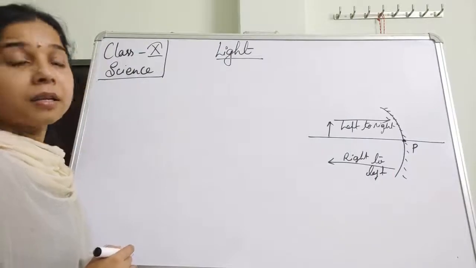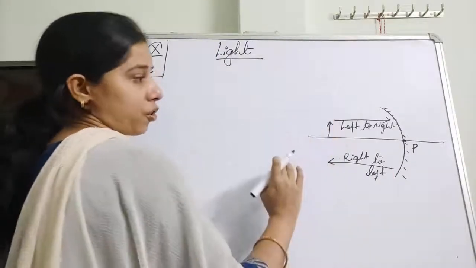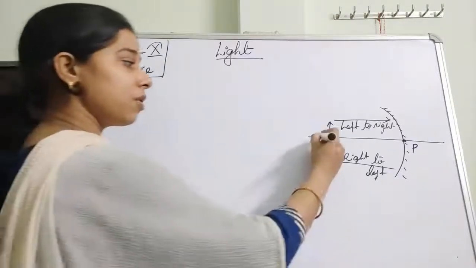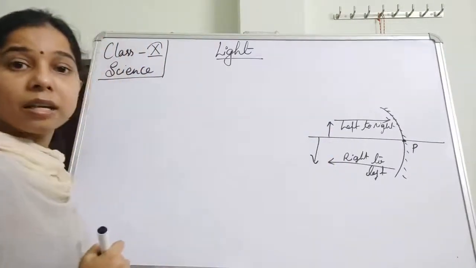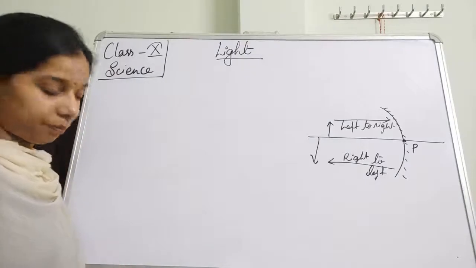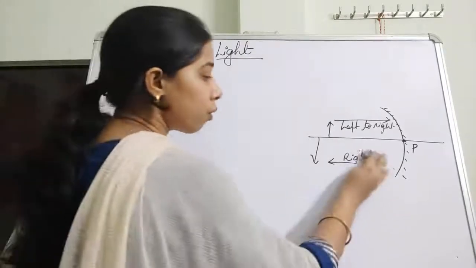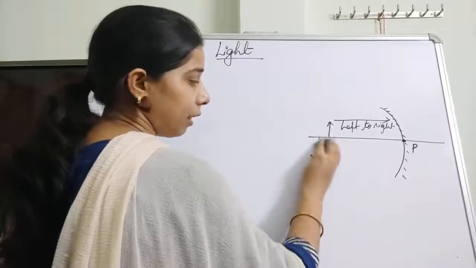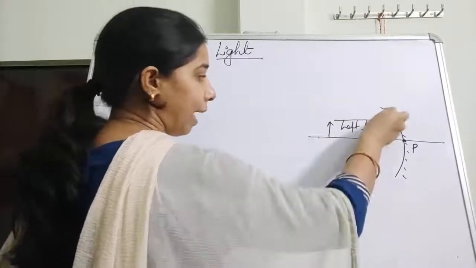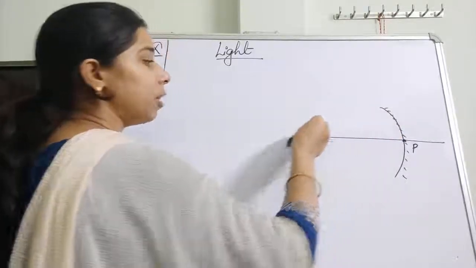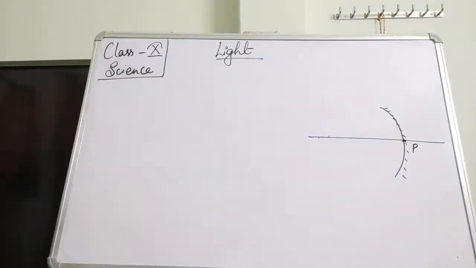If the distance is in the upward direction, then we will take it as positive, and the distance in the downward direction is taken as negative. Now let us use this sign convention for the concave mirror, and find what will be the value of the object or the image distances.